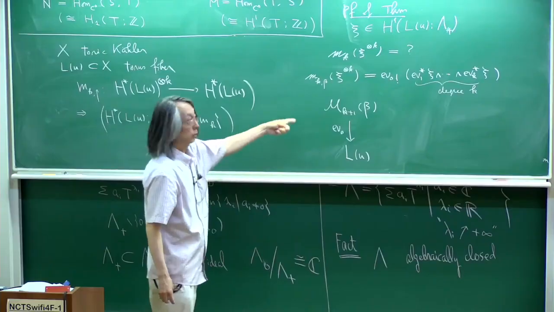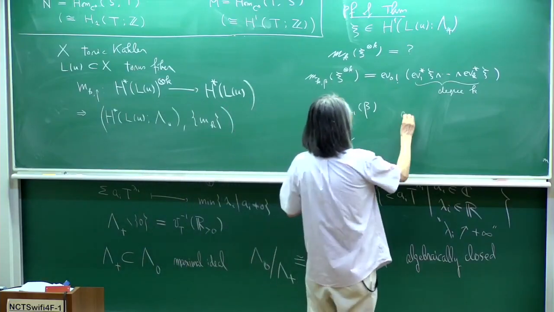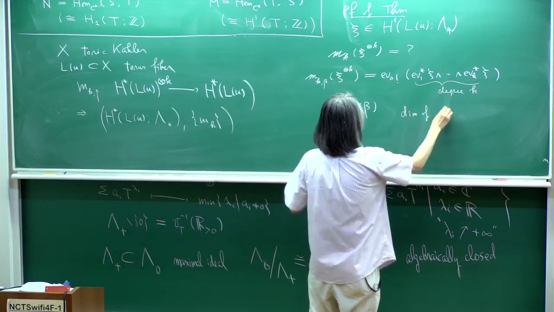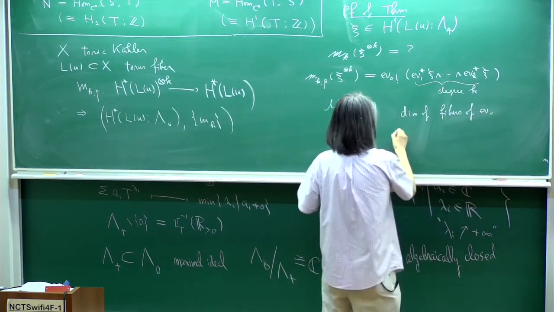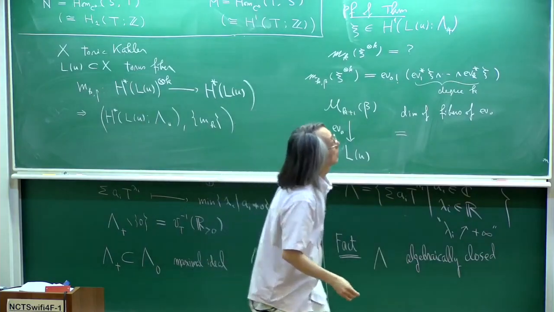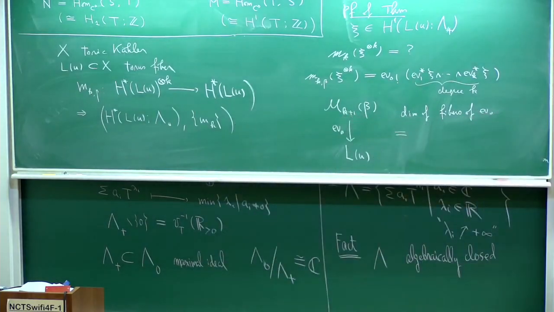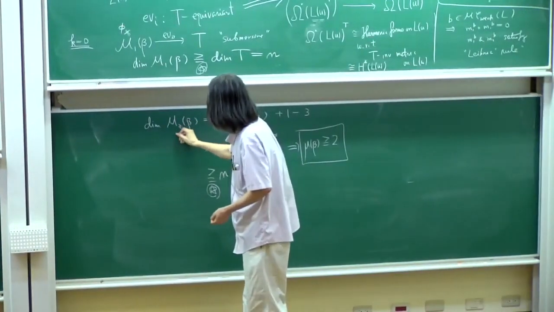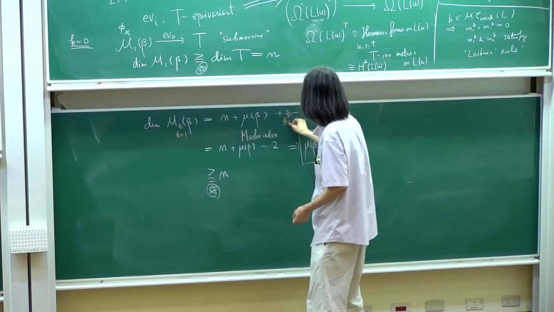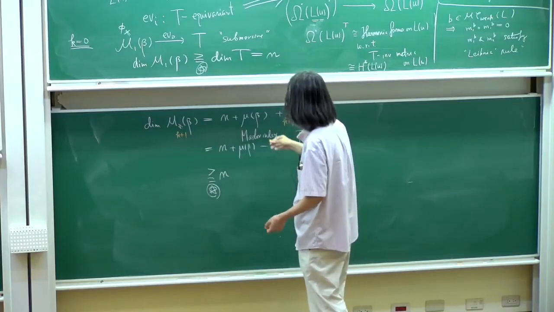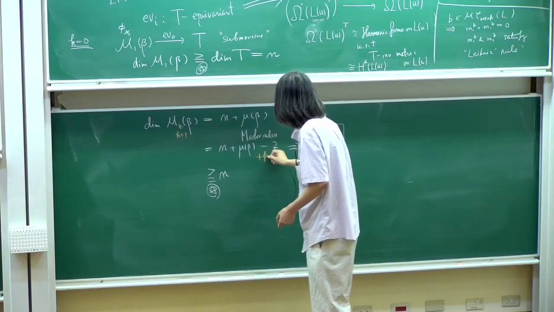And what is the dimension of the fiber of F0? I think I still have this formula, right? In this case, if this is k plus 1, and then this one is k plus 1, so therefore this is plus k, right?